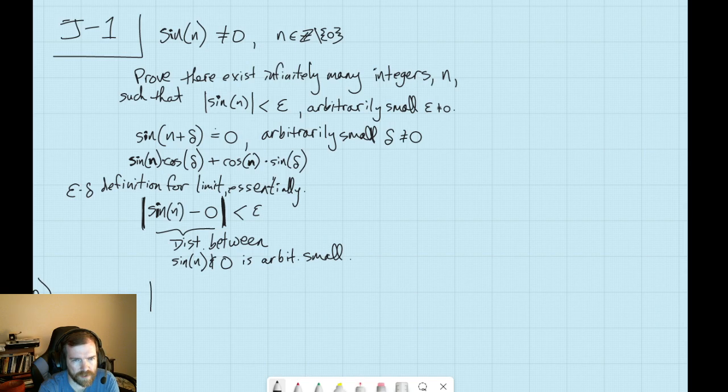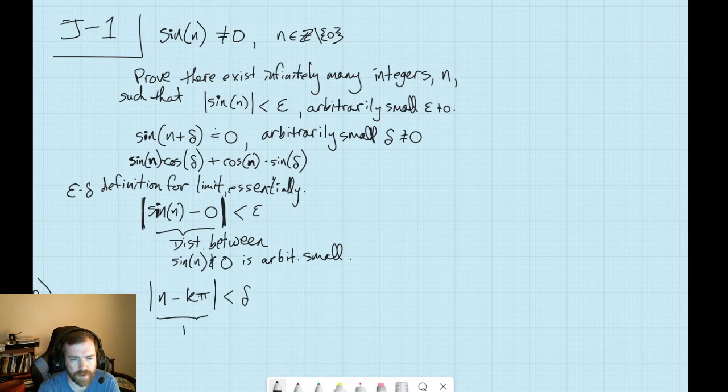Realistically, this is saying that the distance between n and some k times pi, because that's going to be our zeros for the sine function, is going to be less than delta.